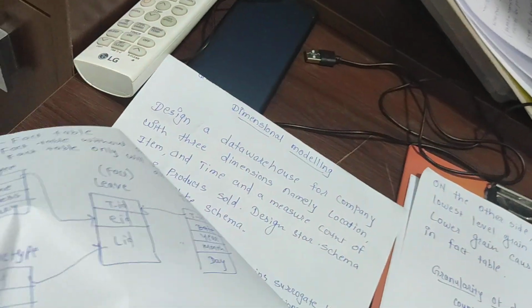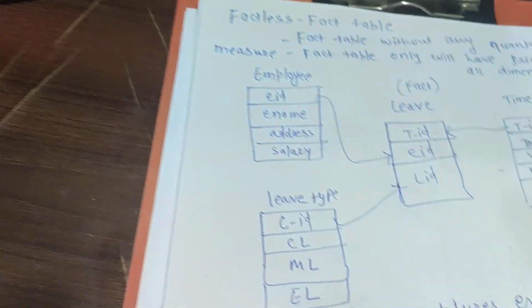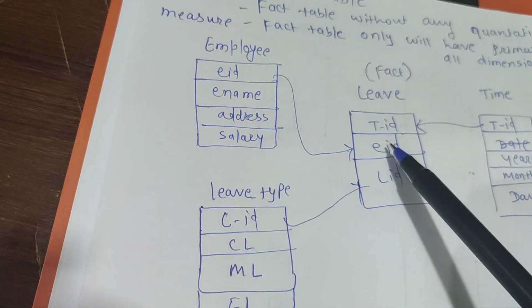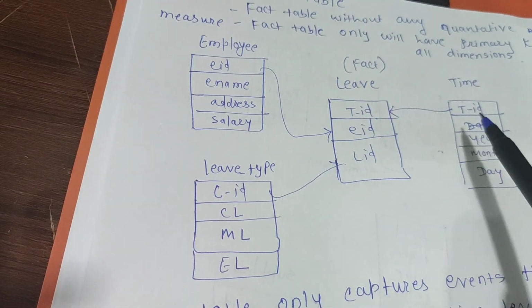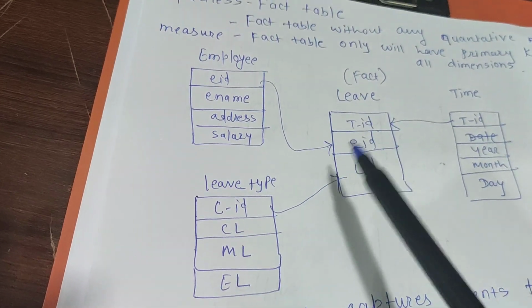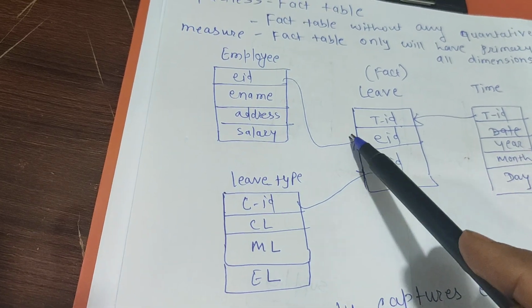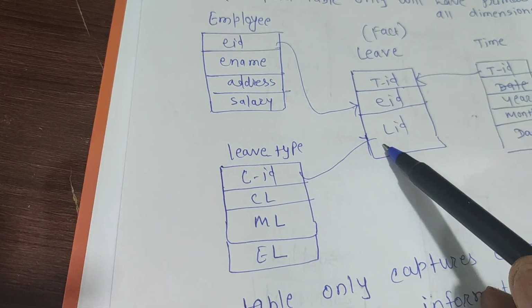Now we'll see factless fact table. In a factless fact table, we will again have a center fact table and dimension tables, right? In a factless fact table we will have only primary keys, or you can say surrogate keys, of all the dimensions without any measure.